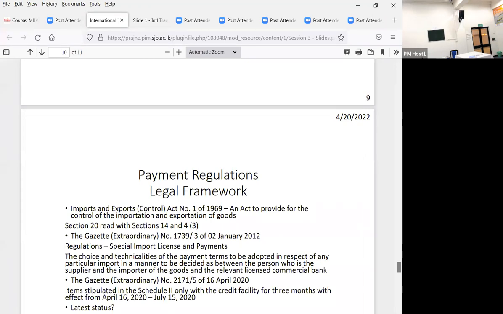Okay? Then documents against acceptance. You go to the bank, shipment has come. Then say you have agreed with the shipper, 3 months, 9 months, 12 months. You agree and say, yes, I will pay you in 3 months, depending on the agreement. And at that time you don't pay. You pay only after 3 months or 9 months, depending on that.